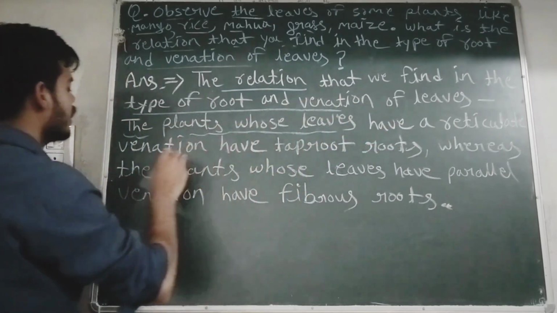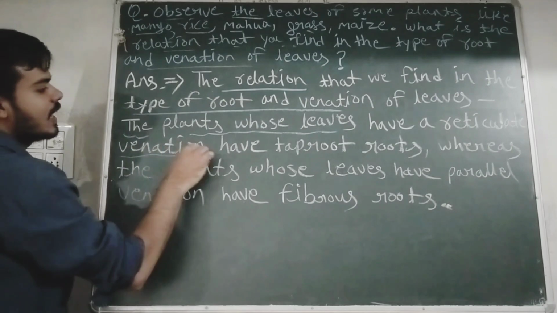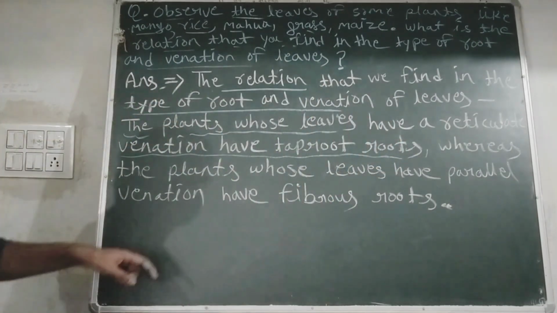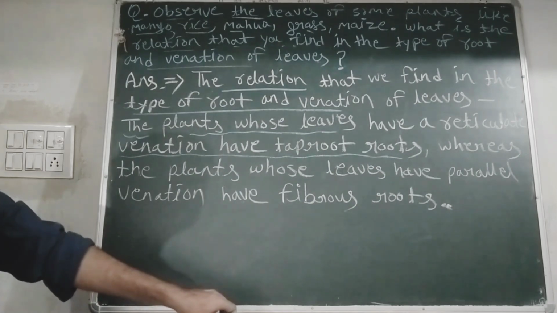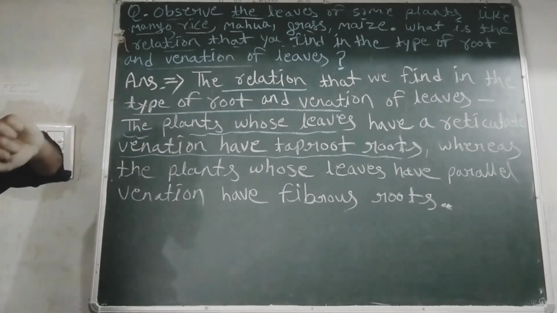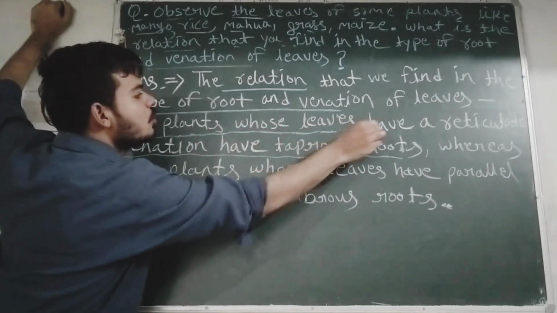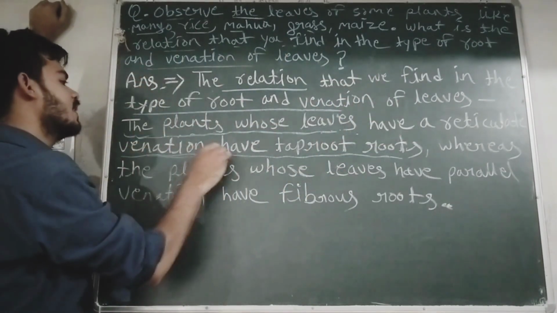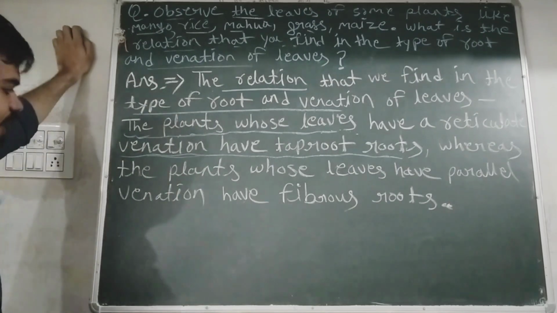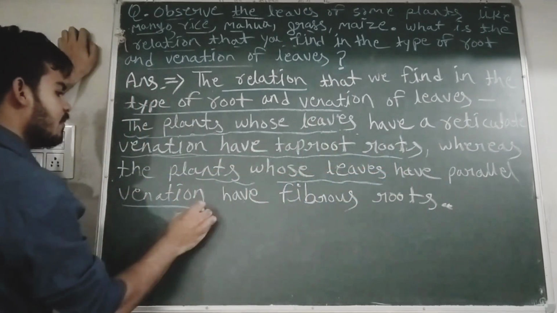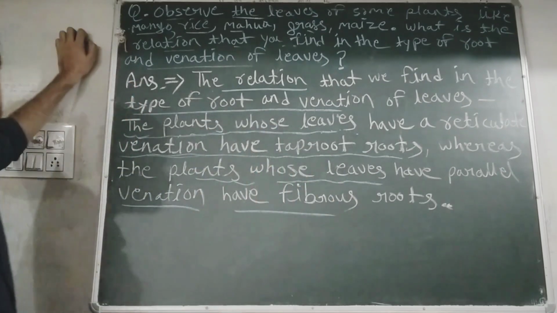The answer is, the plants whose leaves have reticulate venation have taproots, whereas the plants whose leaves have parallel venation have fibrous roots.